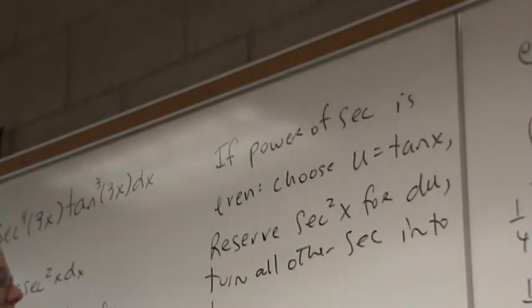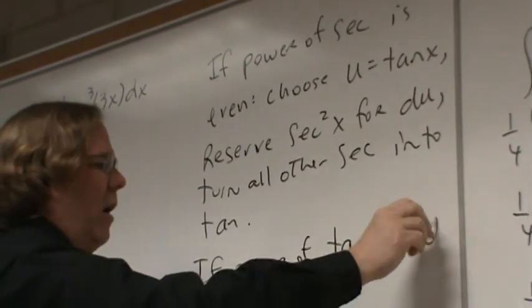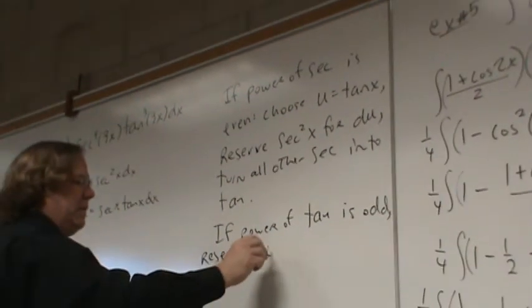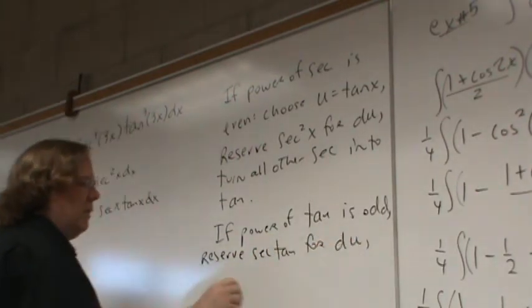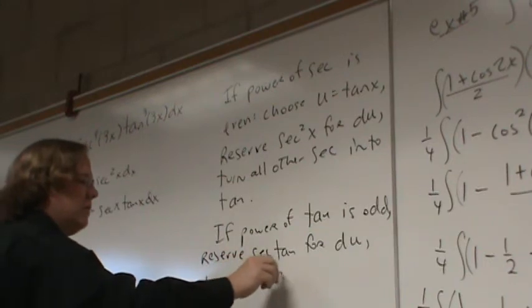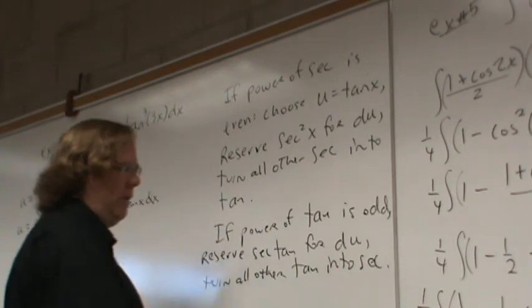If the power of tangent is odd, reserve a secant tangent for the du and turn all other tangents into secants. You see it?